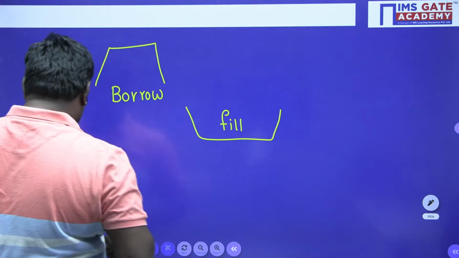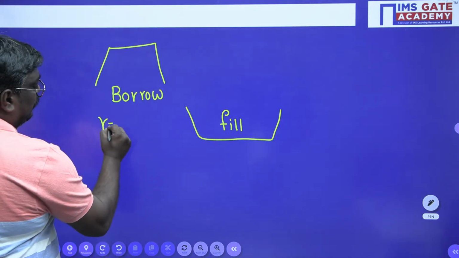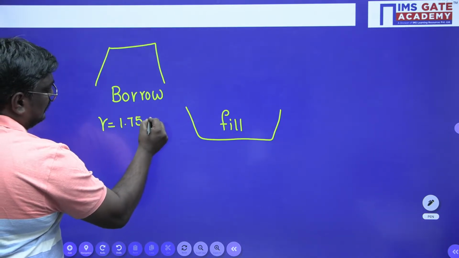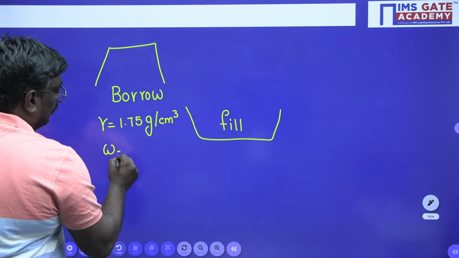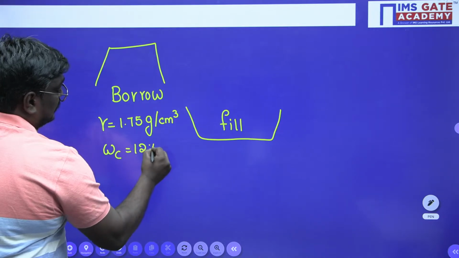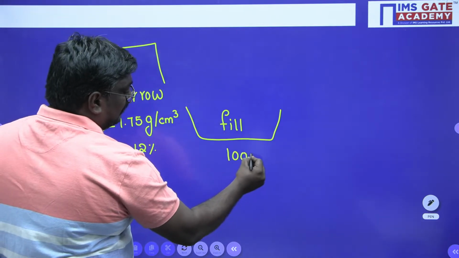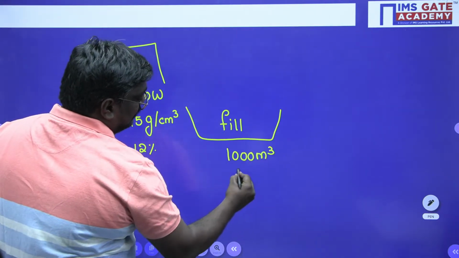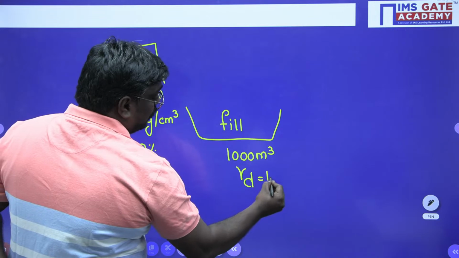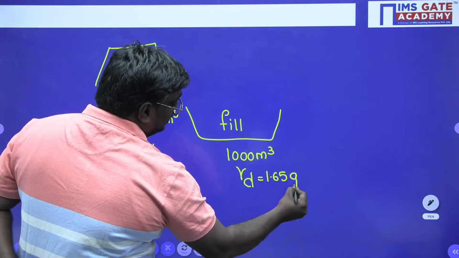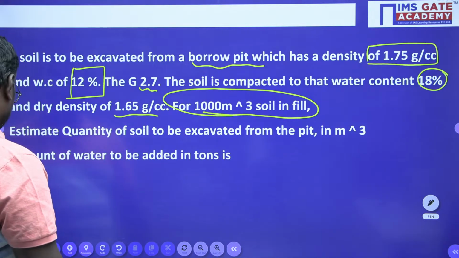Now see students, the borrow pit has a density of 1.75 gram per cc, and the water content is given as 12 percent. And for a 1000 meter cube of fill, the dry density is given directly as 1.65 gram per cc, and the water content is 18 percent in the fill.